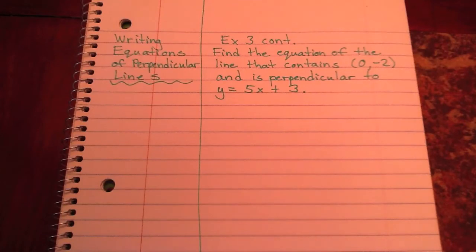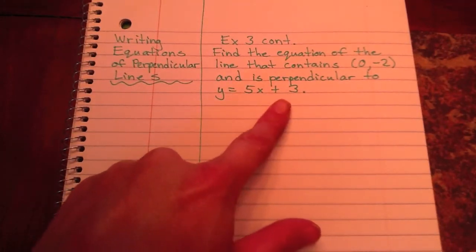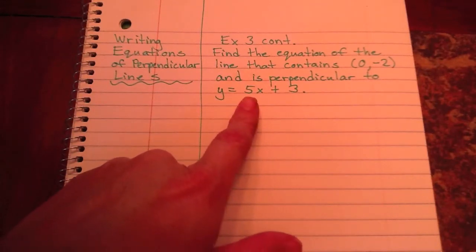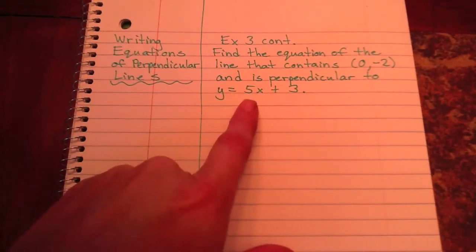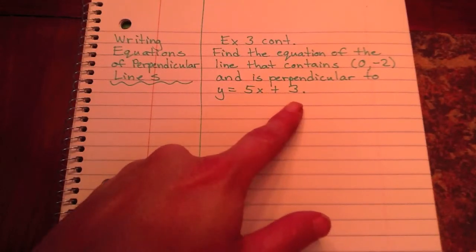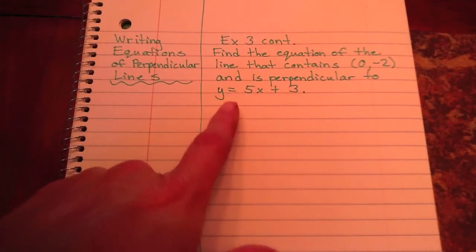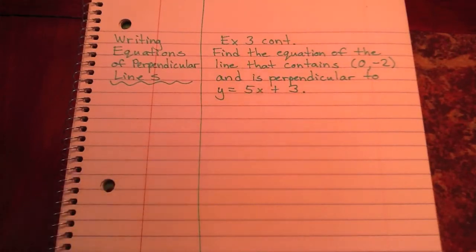Okay, same idea as parallel. When you were looking at parallel lines, when this is in slope-intercept form, you knew you had to have the same slope. Well, when you're looking at perpendicular lines, this needs to be in slope-intercept form. It won't always be in slope-intercept form, but you know how to convert them now. You have to find your m.